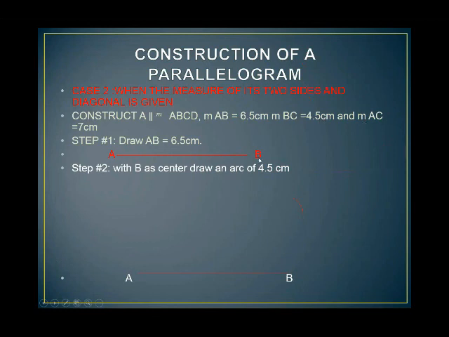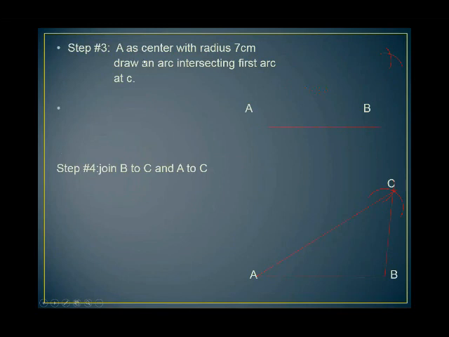So we draw AB 6.5 centimeter, and with B as center we draw an arc of 4.5 centimeter. Now A as a center with radius 7 centimeter, draw an arc intersecting the first arc at C. So here again, taking A as a center, we draw an arc which cuts the first arc at C.